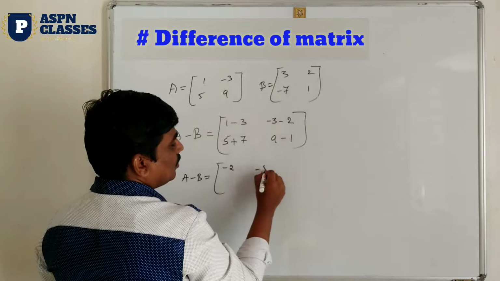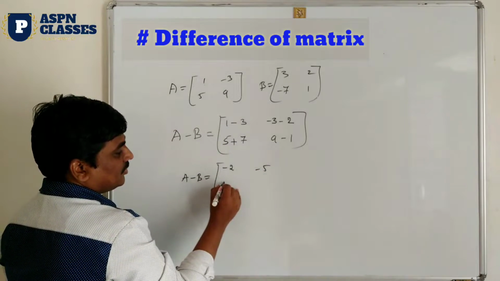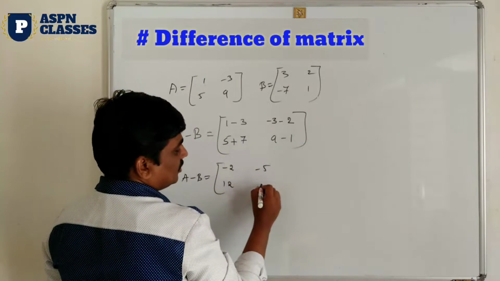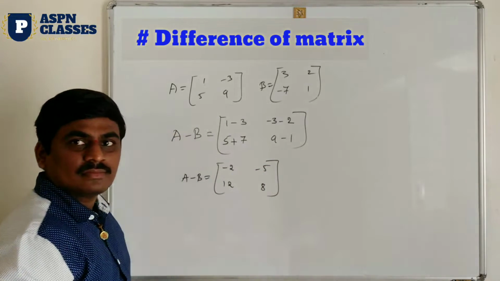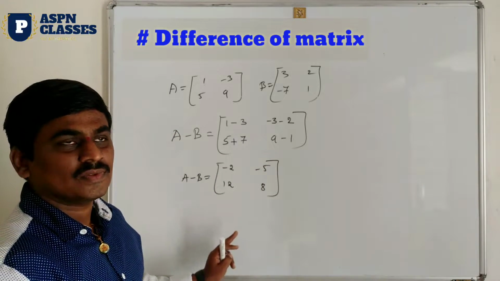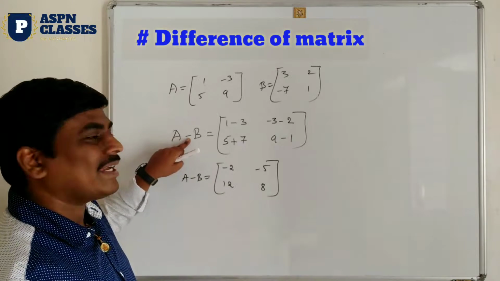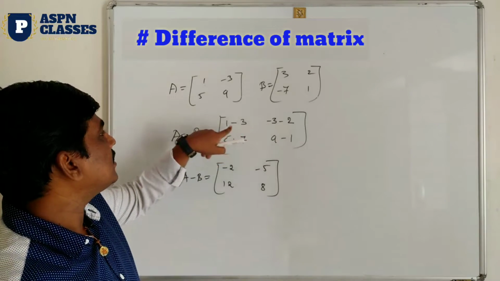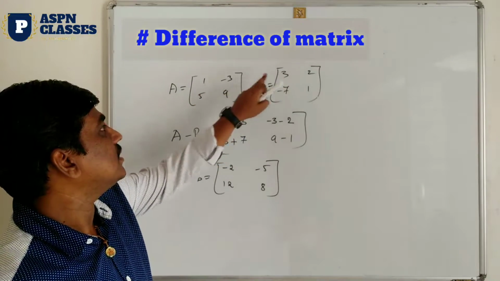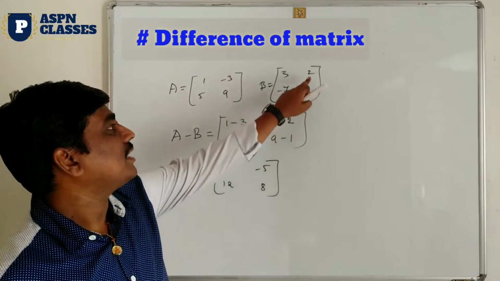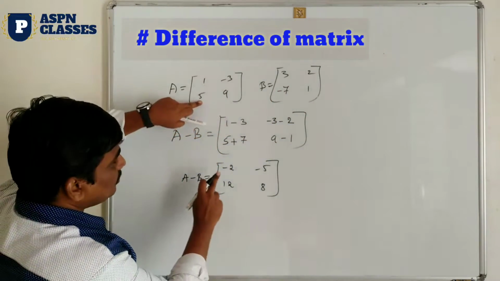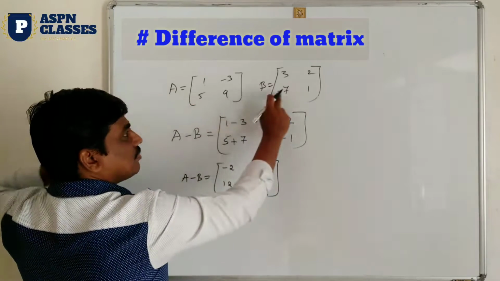Minus 3 minus 2 is minus 5. 5 plus 7 is 12. 9 minus 1 is 8 is the answer. Okay, this is the subtraction. Just carefully observe the minus sign in this type of situation: 1 minus 3, and minus 3 minus 2. Here also observe 5 minus minus 7, minus and minus make plus.